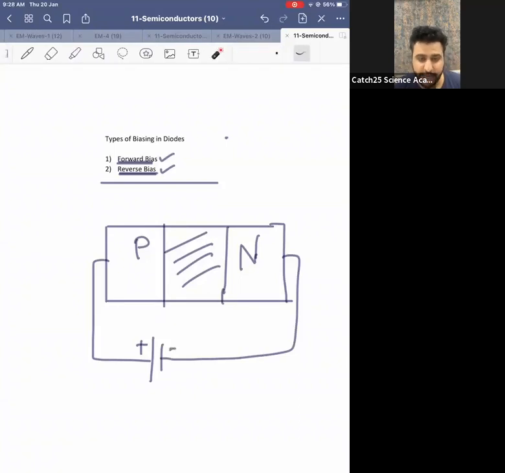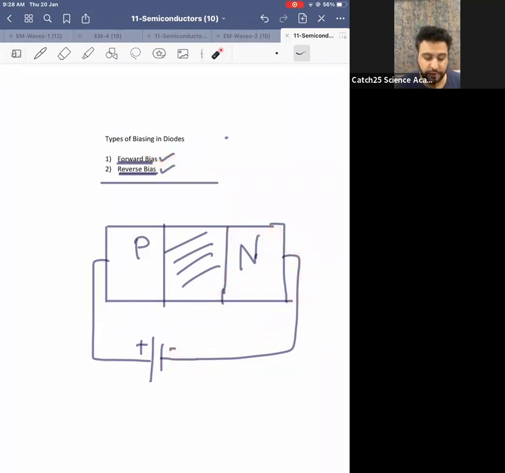If I connect P region to positive terminal, and if I connect N region to negative terminal, this kind of biasing is called forward biasing. I'll repeat. If I connect P region of a diode to positive terminal of the battery, and N region of the diode to negative terminal of the battery, this is called forward bias.